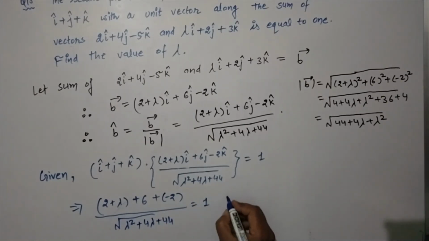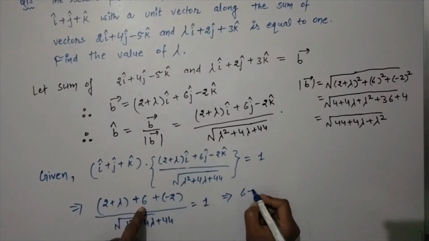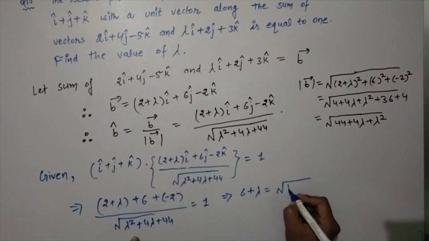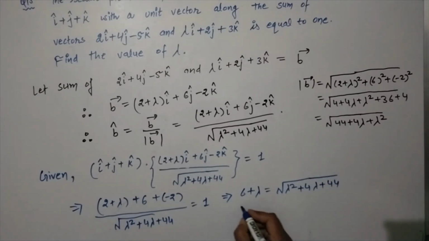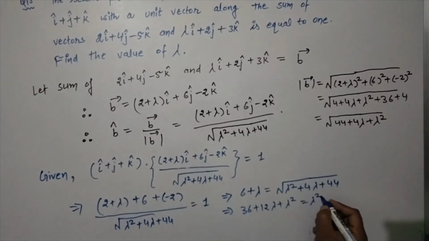Divide by this, we write here as it is square root of lambda square plus 4 lambda plus 44, equal to 1. Okay, so this implies 6 plus lambda is equal to square root of lambda square plus 4 lambda plus 44.